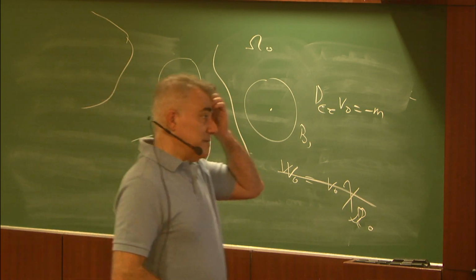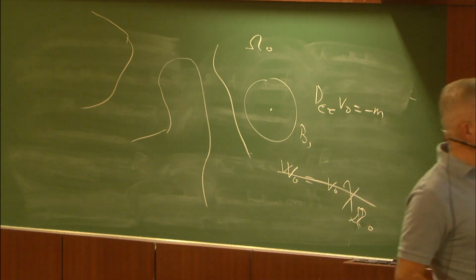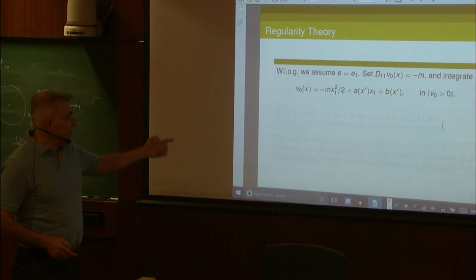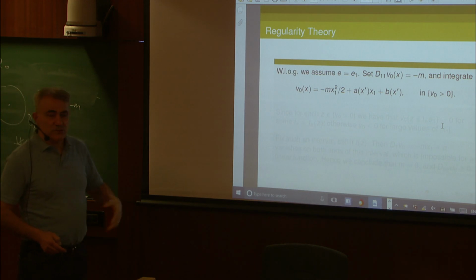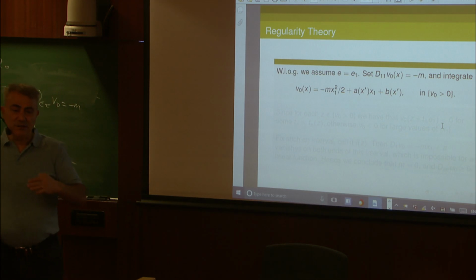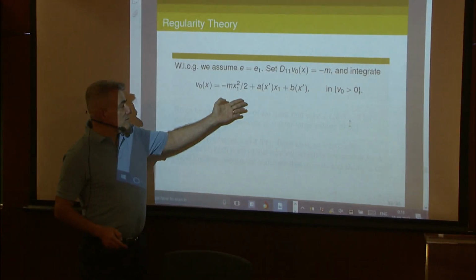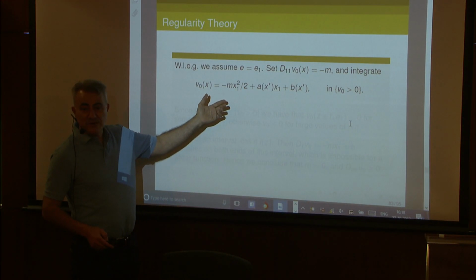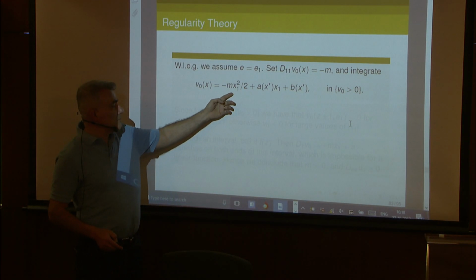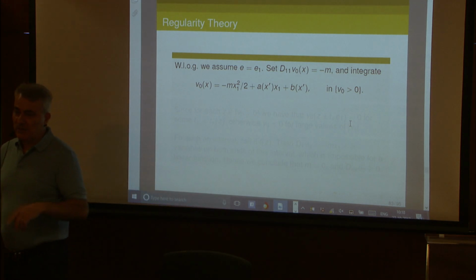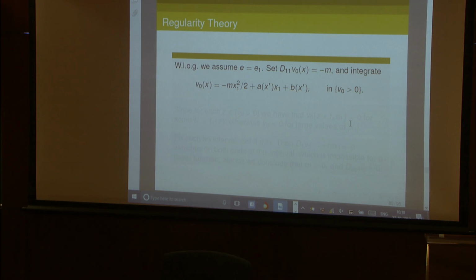So let's integrate. If you integrate, the second derivative is minus m. So think that you have direction e1. So you take integration in the e1 direction. Calculus tells you you take out the first derivatives, you will get minus m times x1 plus a function a of x prime. x prime is the other directions, so x prime doesn't contain x1.